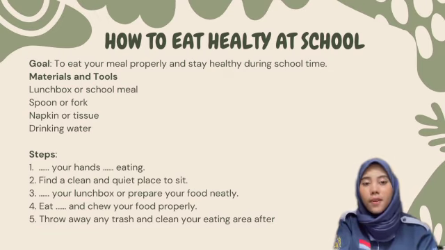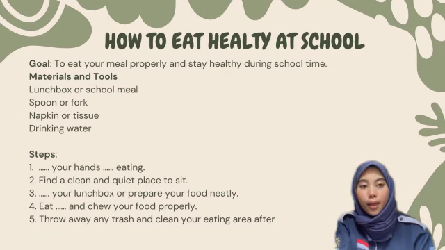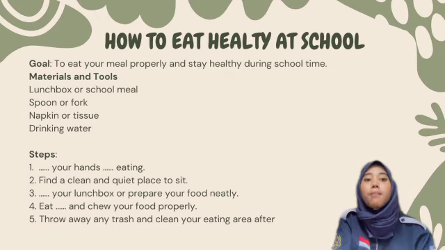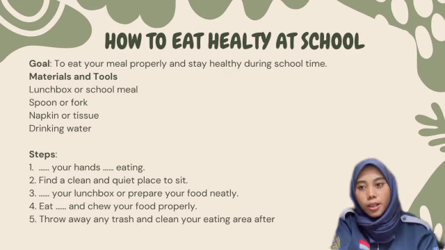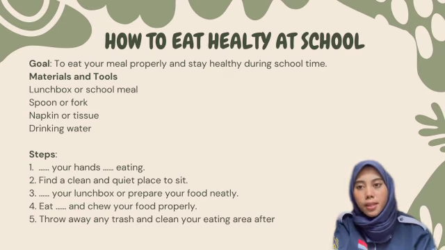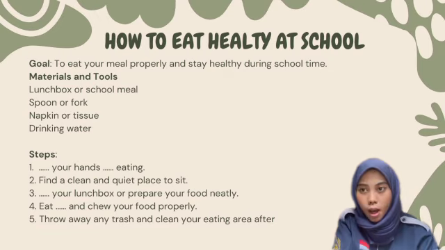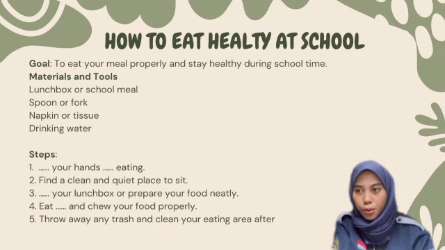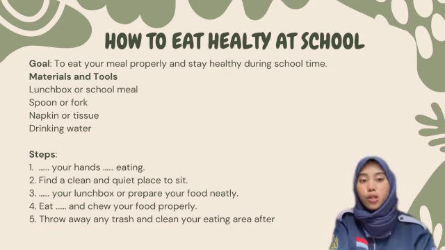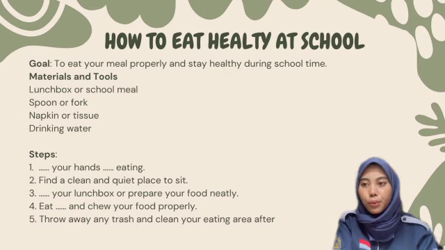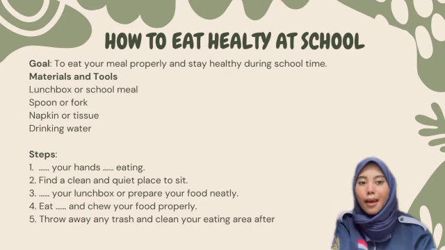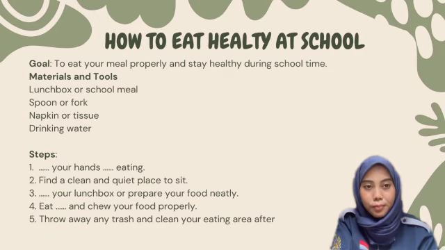And then, moving on to structure number 2, there is also materials and tools, which is what kind of things or utensils we might need in order to do this procedure, which is how to eat healthy. Of course, we need our lunch because we're going to eat. And then we need a spoon, and then we need a napkin, and also drinking water.